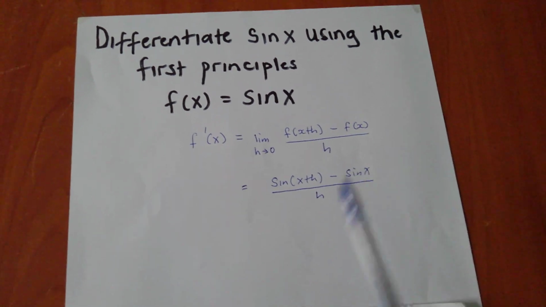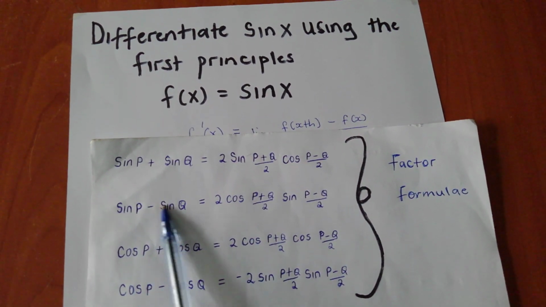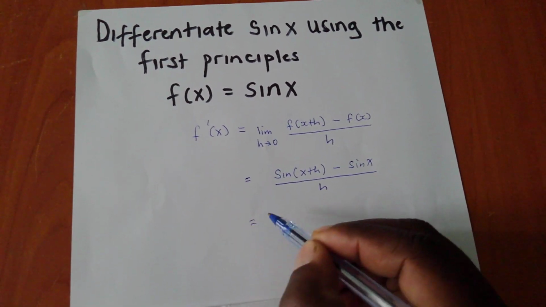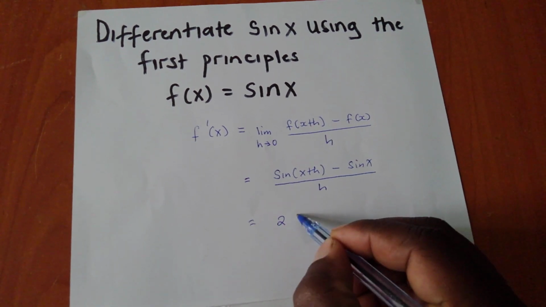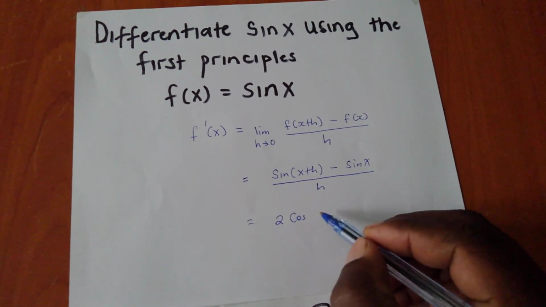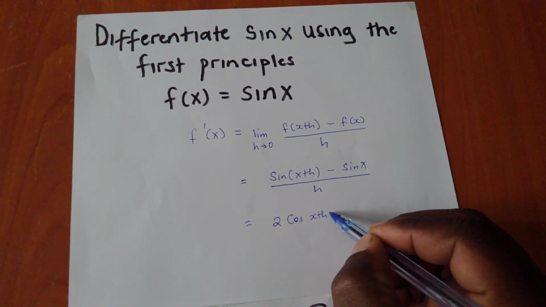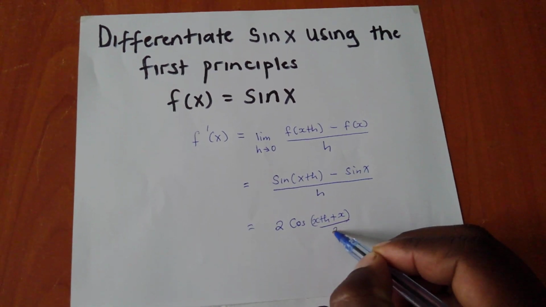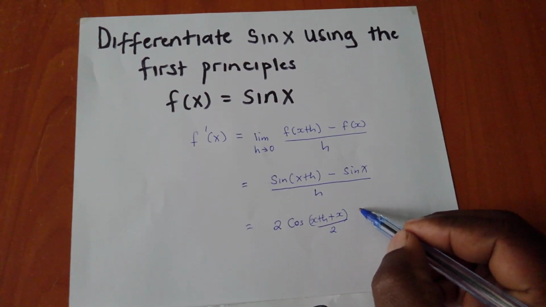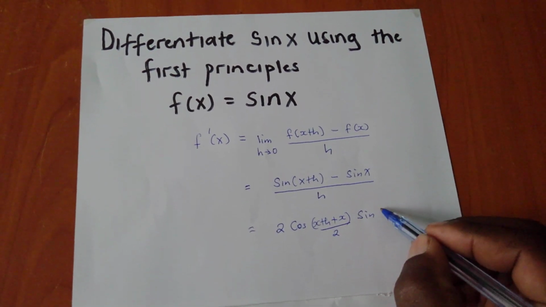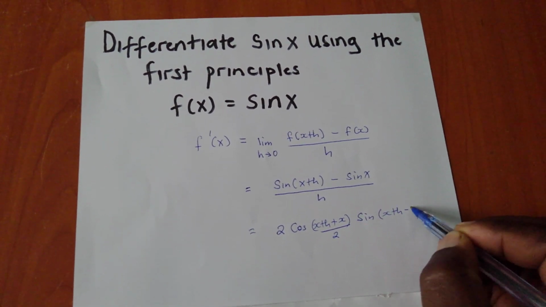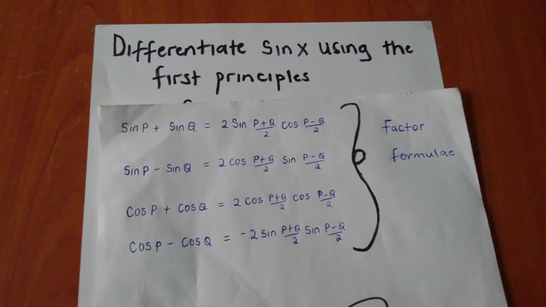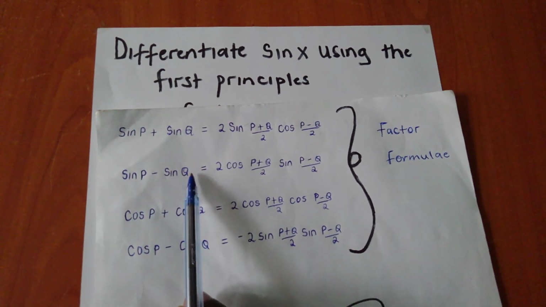So if I'm to expand, I have to follow this identity, which will say it will be 2 cos of (x plus h plus x) over 2, I hope you are following, then sine of (x plus h minus x) over 2, from the identity sine p minus sine q.